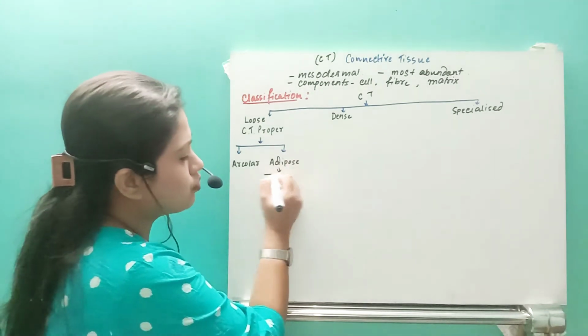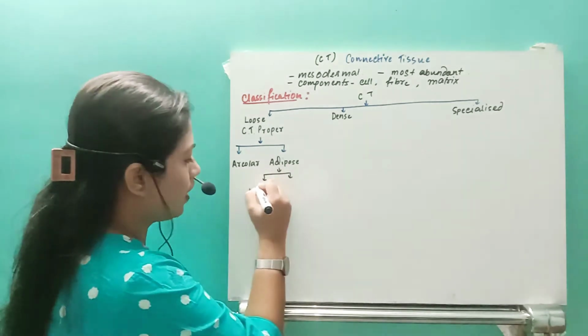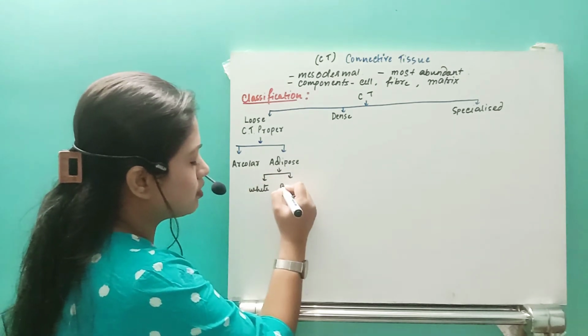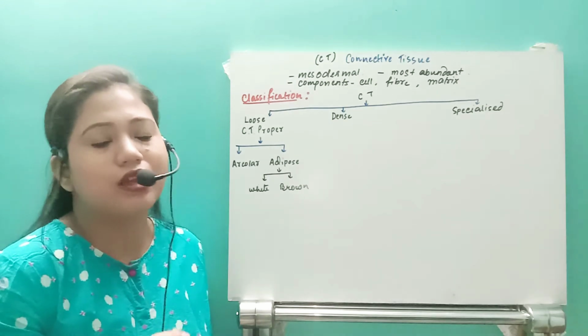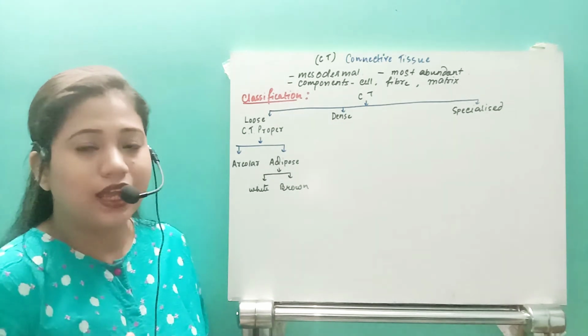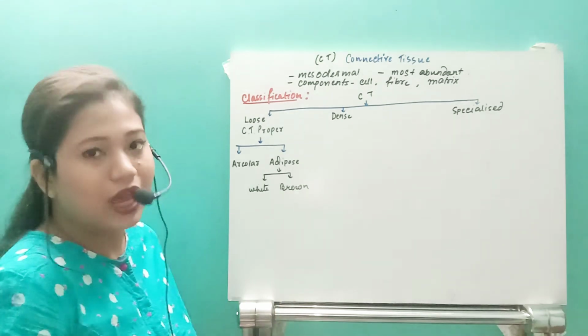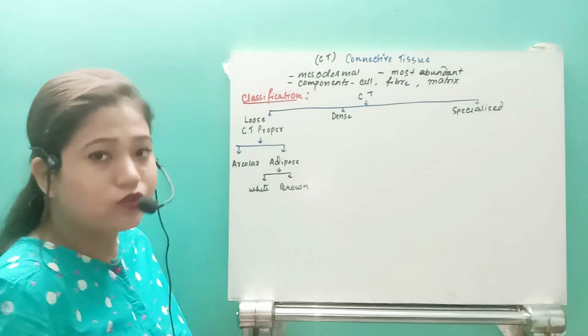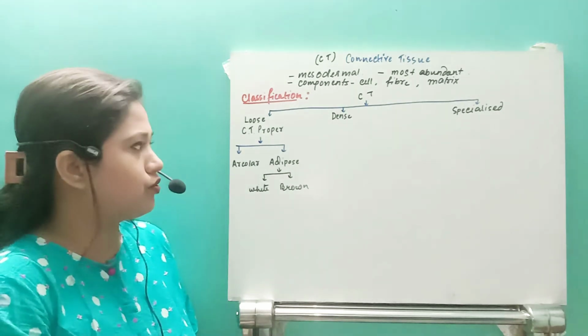Further, this adipose connective tissue can be divided into 2 types. One is white adipose, another is brown adipose, depending just upon the color and presence in the individual. Like in babies, there will be brown adipose, and in adult human individuals, we are going to have white adipose, right? We will come to that.